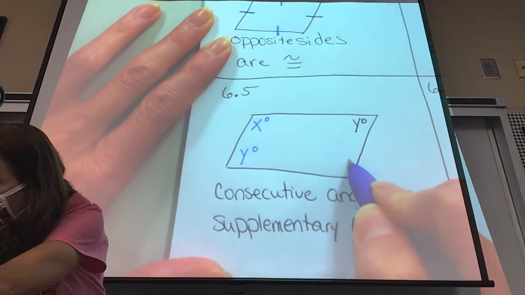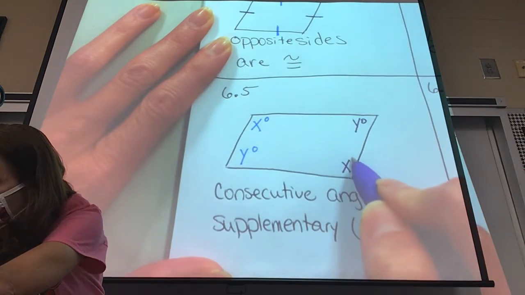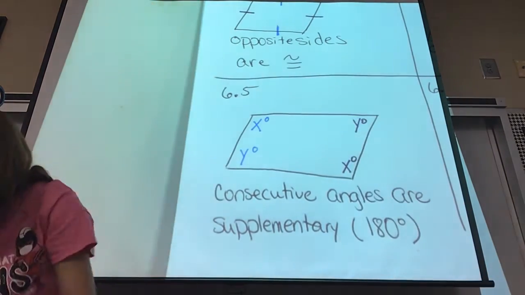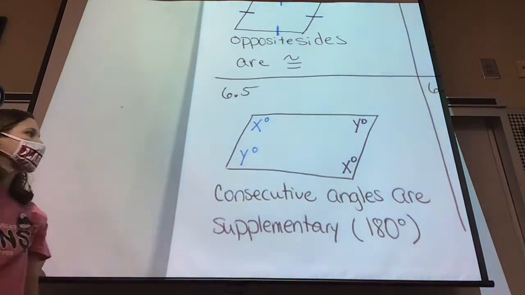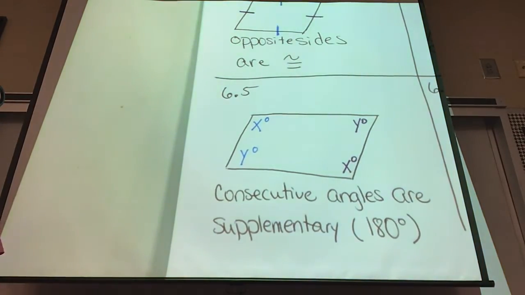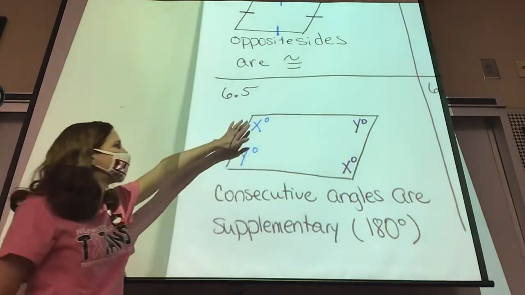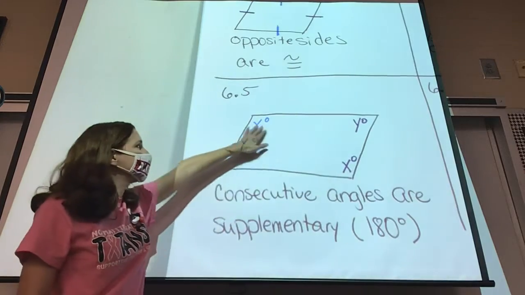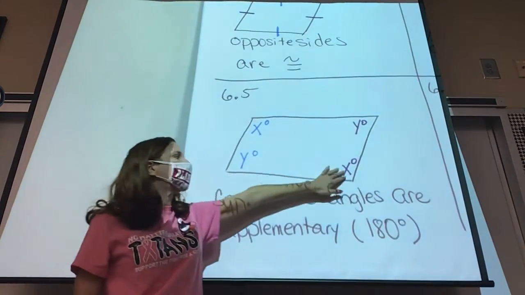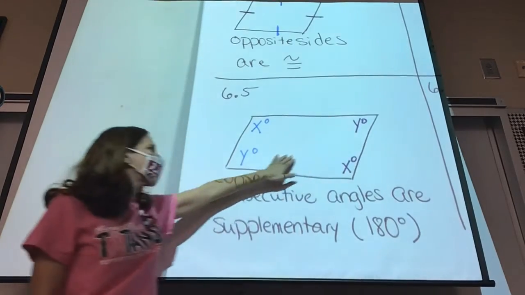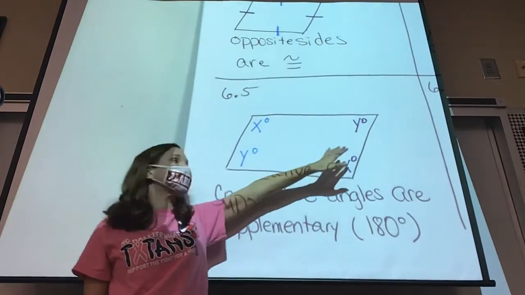So technically, remember, opposites are congruent. So that's why these 2 are both X, because opposites are congruent. These 2 are both Y, because they're congruent.